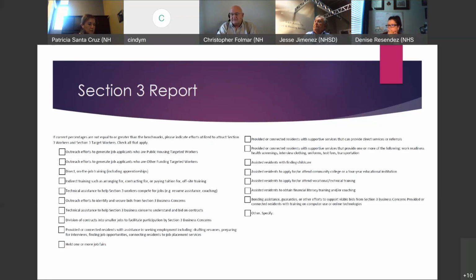And then there's an other in case you do something that does not necessarily fit in one of these categories, you can fill it in yourself. So that's what we were referring to earlier. This is what HUD considers acceptable: if we've done these things and can document them, and we don't meet our 25%, they'll still consider us in compliance as long as we can document that we've done one or more of these things in an effort to hire Section 3 workers.